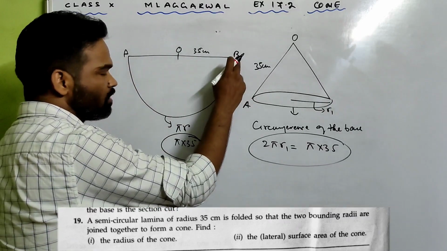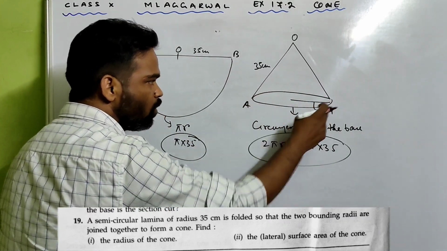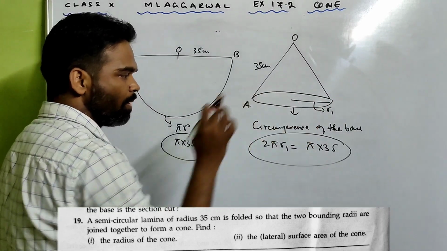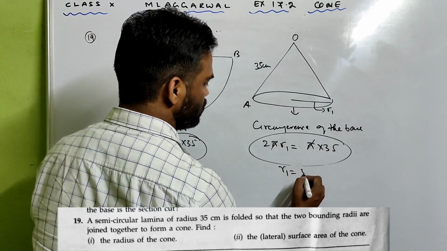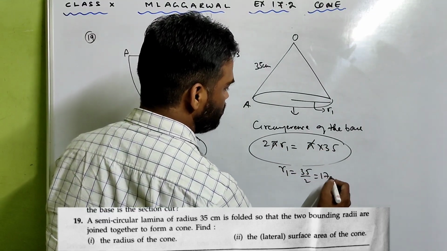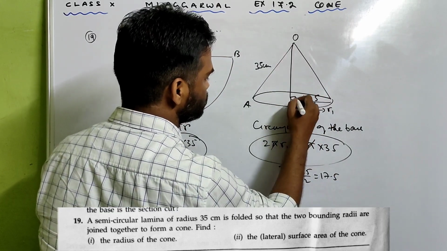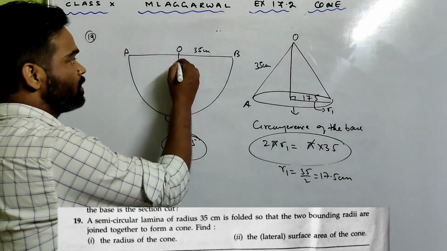The curved portion of this one, which is pi r, is equal to the circumference of the cone. That is 2 pi r1. Understood or not? Pi cancels, so r1 is 35 by 2, that is 17.5. So this is 17.5 centimeter. Very easy. This becomes the slant height.